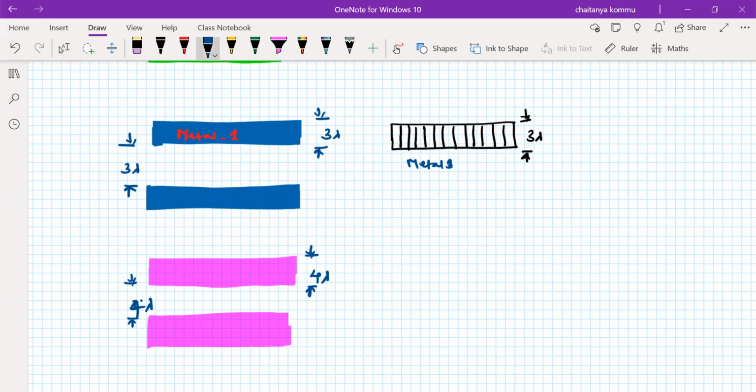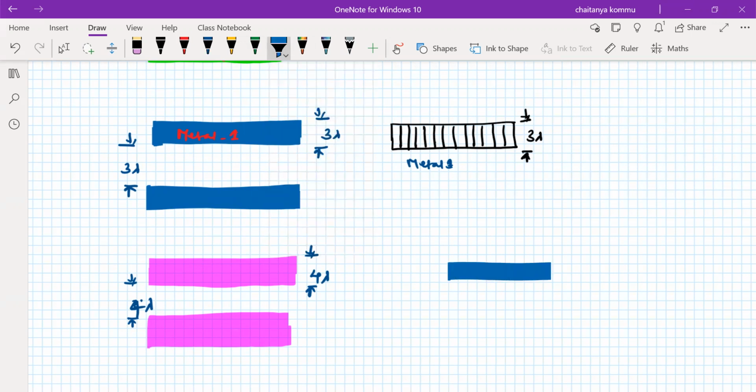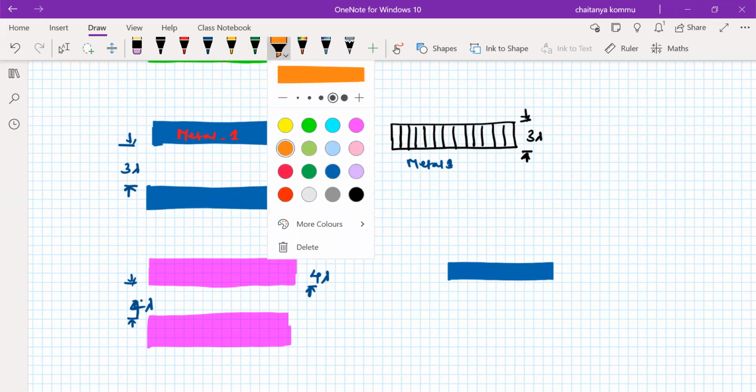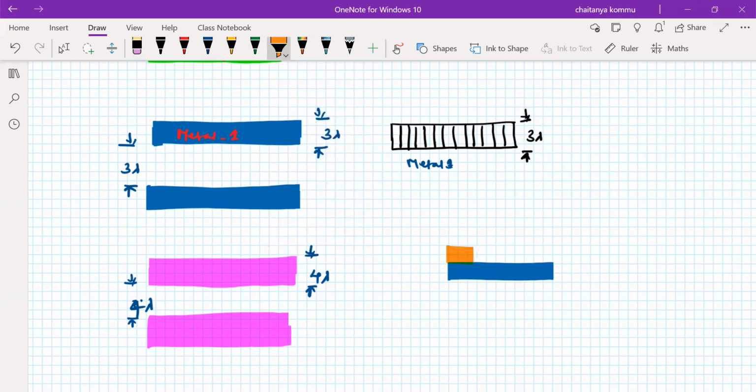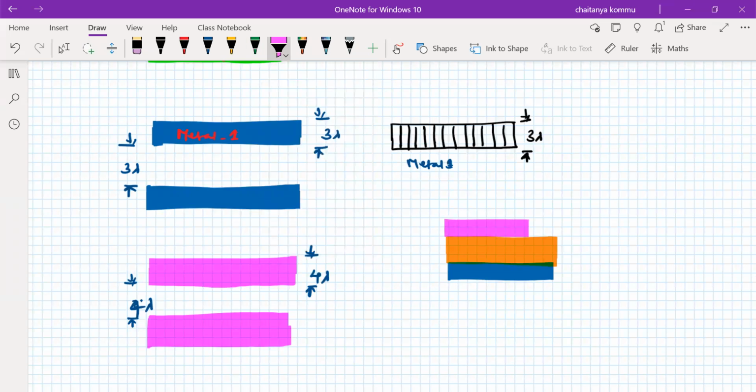So if we consider metal 1 here, on top of it we use silicon dioxide, and on top of that we provide metal 2. Therefore, no spacing is required between metal 1 and metal 2, because oxide makes a difference between these two.